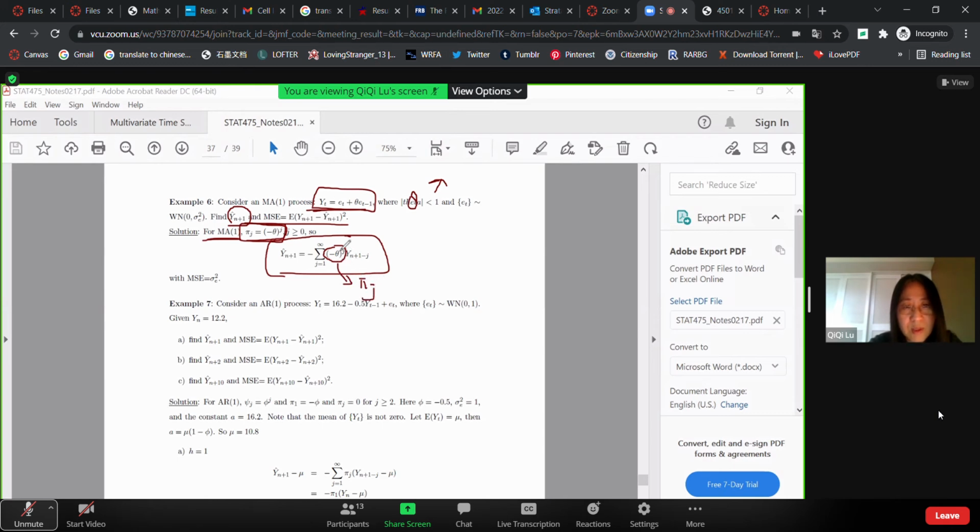So once you know the theta value, you can calculate everything here. The mean square error for one step ahead is always the variance of the white noise. So that's sigma e squared. Okay. So that's example 6.